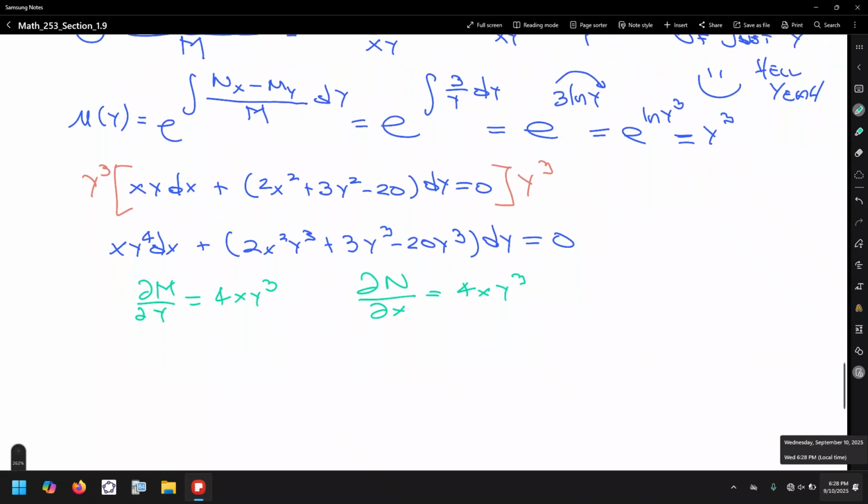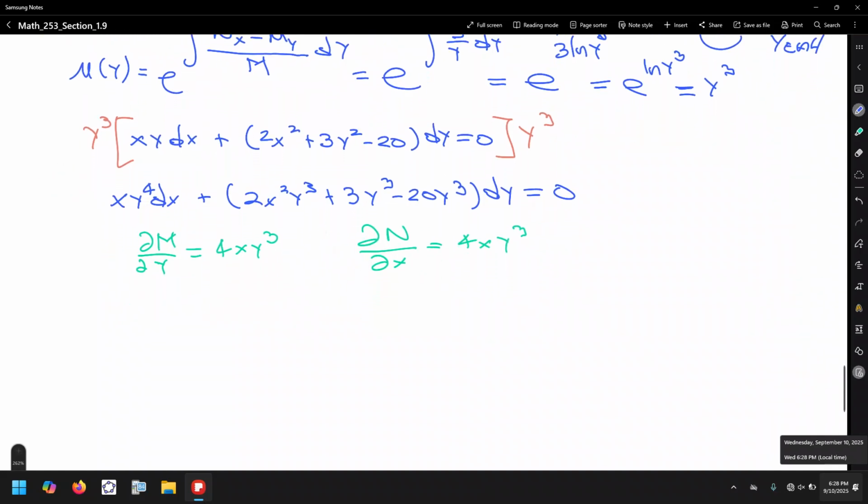That means, what do we do? Evaluate the partial integrals. Right? So let's evaluate. Yes, exact. Evaluate the integral of m dx, which is, what is that?